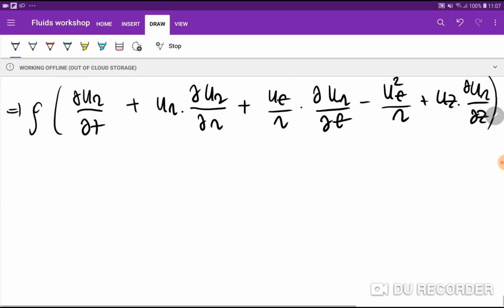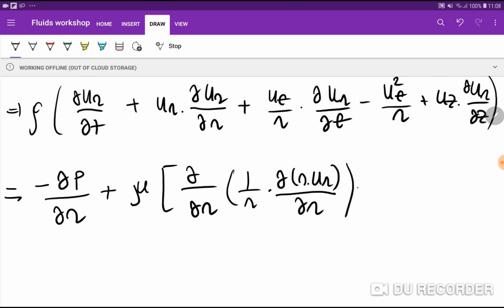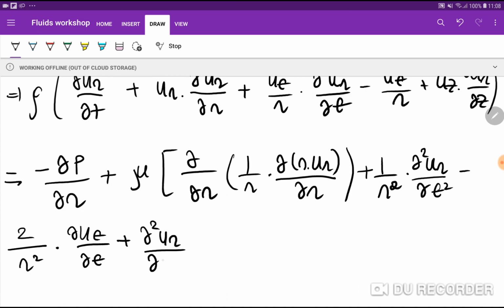Okay, equal to negative ∂p/∂r plus μ times ∂/∂r of (1/r times ∂(r u_r)/∂r) plus 1/r² times ∂²u_r/∂θ² minus 2/r² times ∂u_θ/∂θ plus ∂²u_r/∂z². Okay, plus ρ g_r.